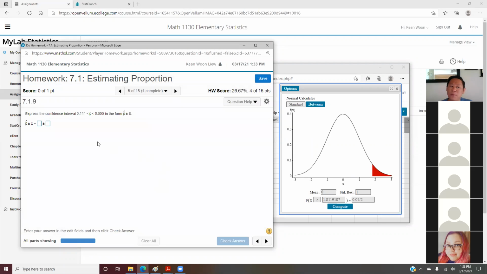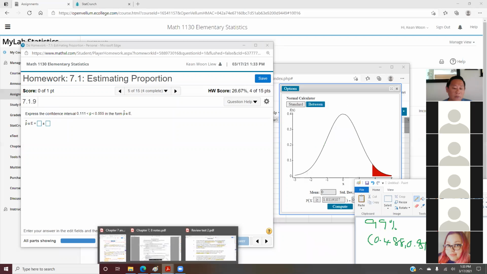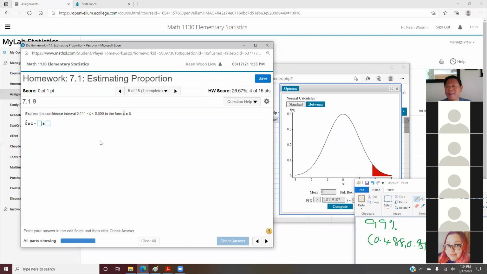This one I think we did before, right? I give you this confidence interval. You need to find p hat and E. How do you find p hat in this case? I think this is the same question we just did: upper limit plus lower limit divided by 2. So go ahead and find your p hat here.